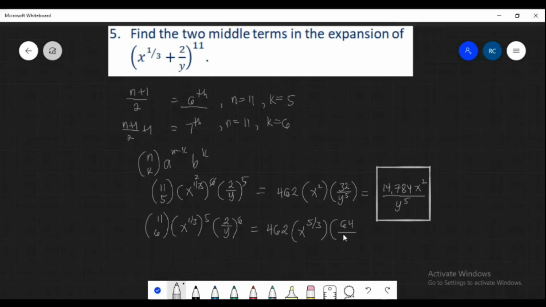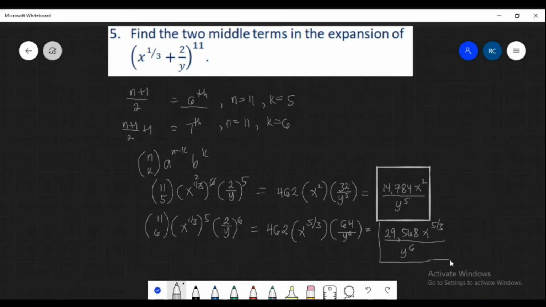And then over y raised to 6. And then simplify. 462 times 64. 29,568. Okay. And then x raised to 5/3 all over y raised to 6.